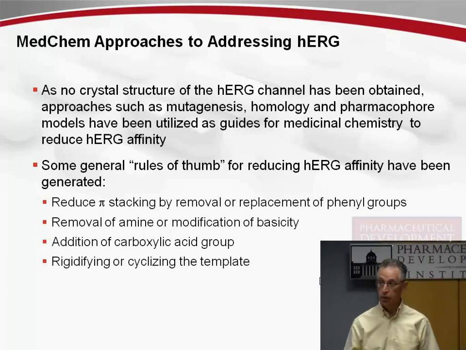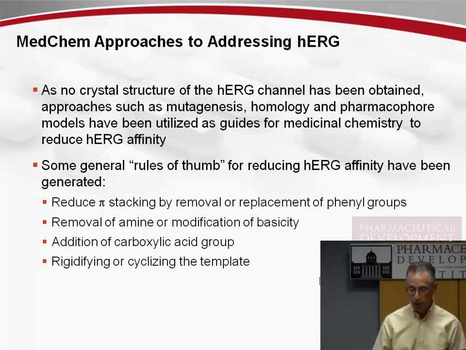The hERG channel seems to prefer basic compounds, so modification of the basicity or removal of amino groups is one method for modifying hERG activity. Addition of carboxylic acid groups many times can be beneficial to reducing hERG attraction. And finally, the hERG channel is rather flexible, so a rigid or cyclized template with your drug candidate can sometimes be beneficial to reducing hERG affinity.